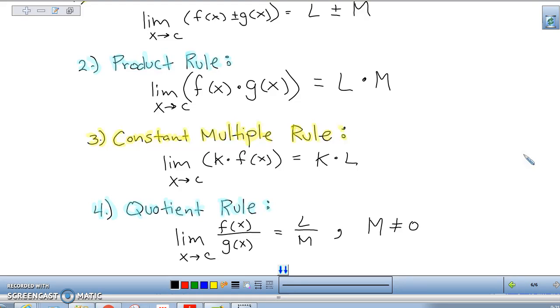Okay, pause it, copy these down, and press play again. I've noticed a lot of students in the past tend to forget this one. It's a very useful one. But these are pretty much self-explanatory. You apply them just as you see them. They're very, very easy to apply. We'll do some examples.